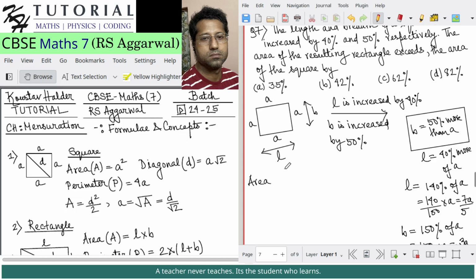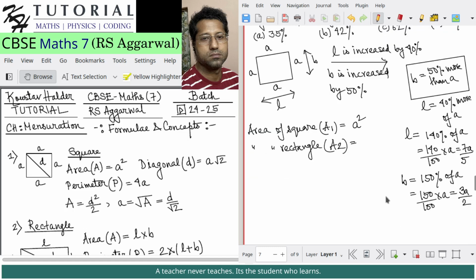Now we have to compare the area of the square and the rectangle. Let the area of the square be A1, which is equal to A square, and let the area of the rectangle be A2.